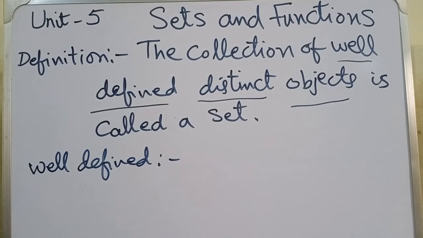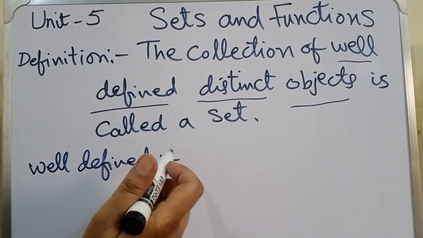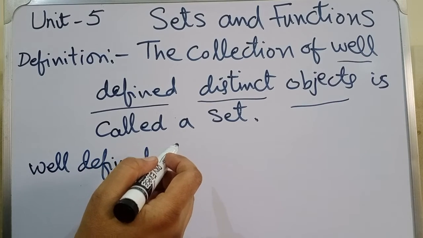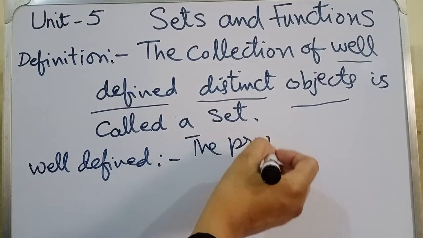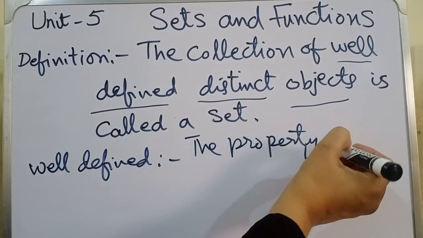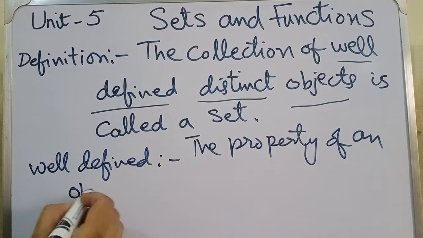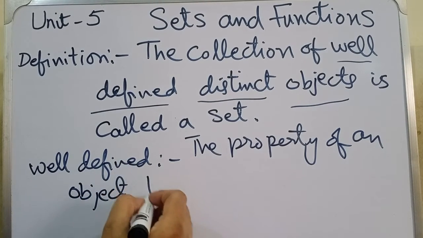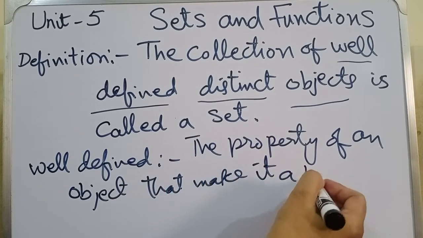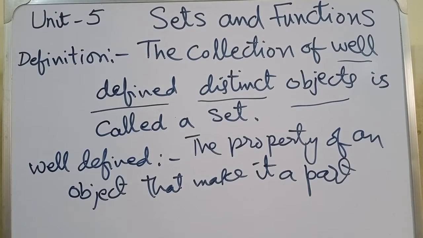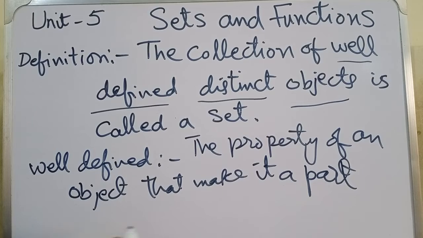Well defined is a word used in sets for the property of an object that makes it a part of that set.